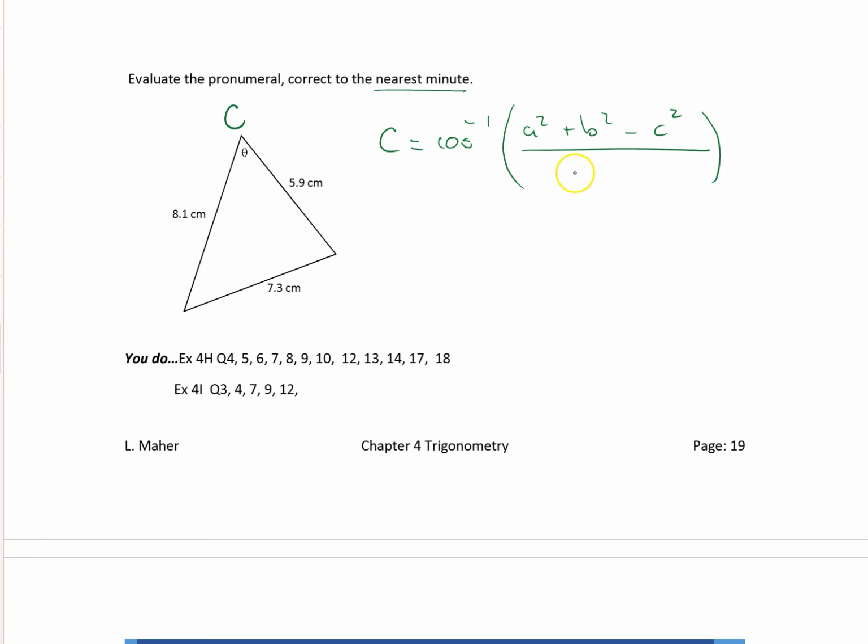And it's all over 2 times a times b. So, knowing that we've labelled the C, the importance of getting this as your C is really important. So these can be A and B.